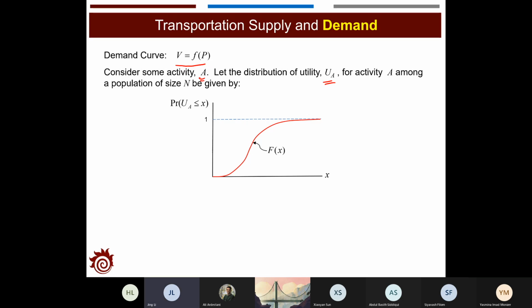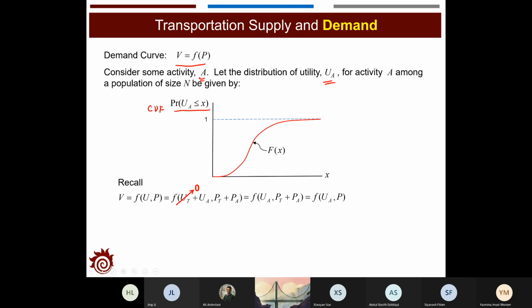Assuming that the probability is given, we have the CDF, the cumulative distribution function for the utility, and with a higher utility, the probability will be larger.